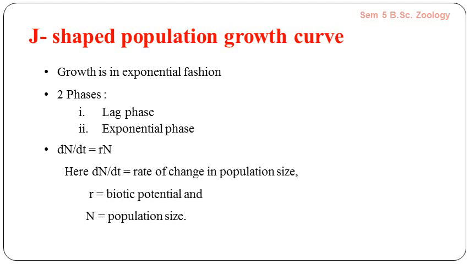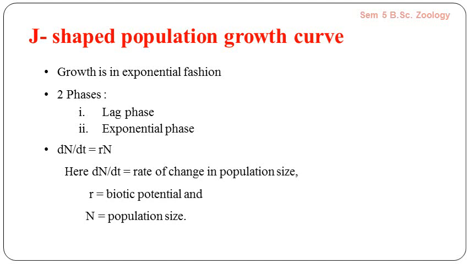For example, we have seen the locust attack and all. So in those cases, it is a J-shaped population growth curve. This type of growth curve is found only in certain situations or certain populations, and in the beginning, the population density increases rapidly, as in the case of the exponential phase of the S-shaped curve.